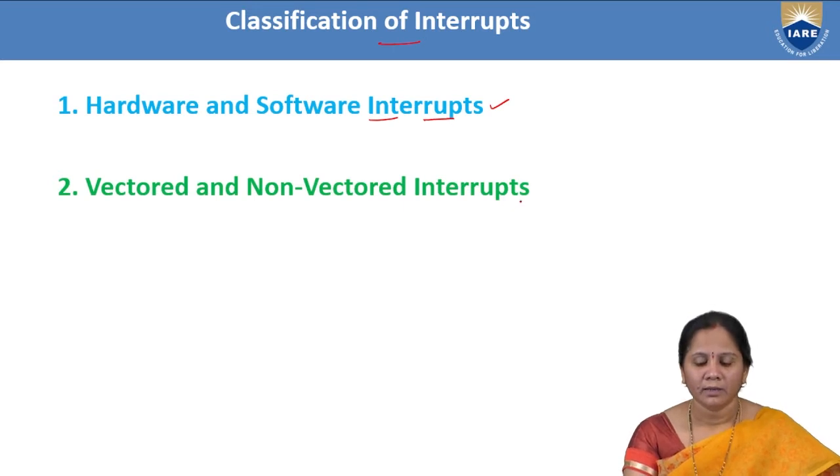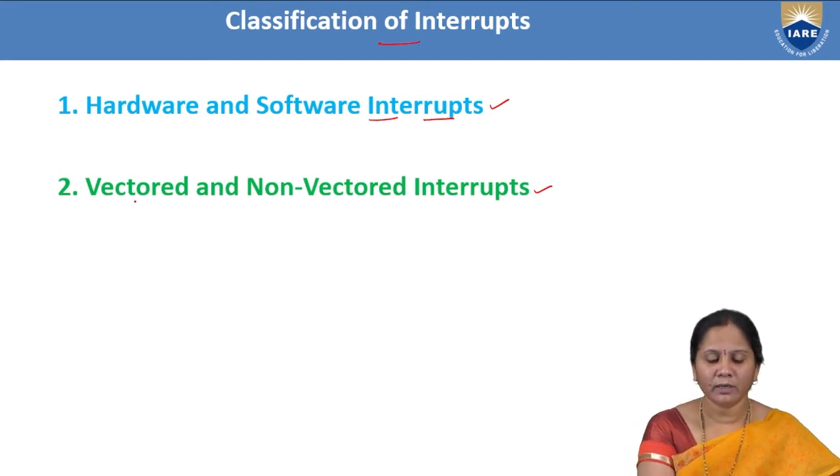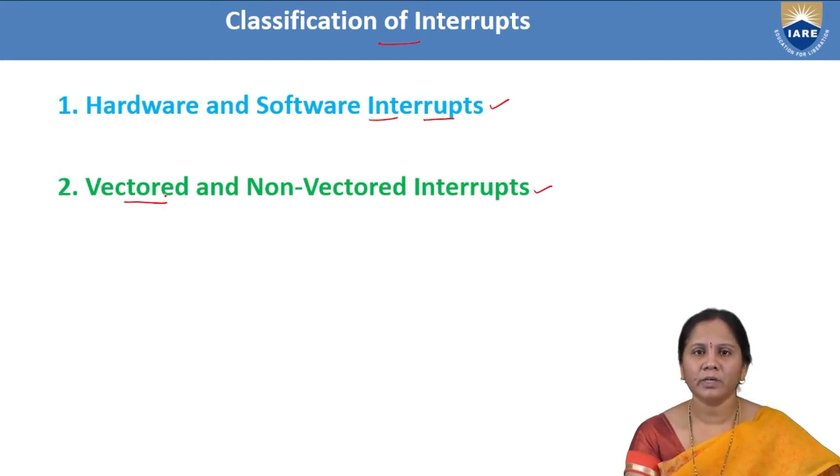The next classification is vectored and non-vectored interrupts. If the interrupt type is a vectored interrupt, there is no need to provide any address. The control will automatically branch to that particular address because those interrupts have a fixed address.